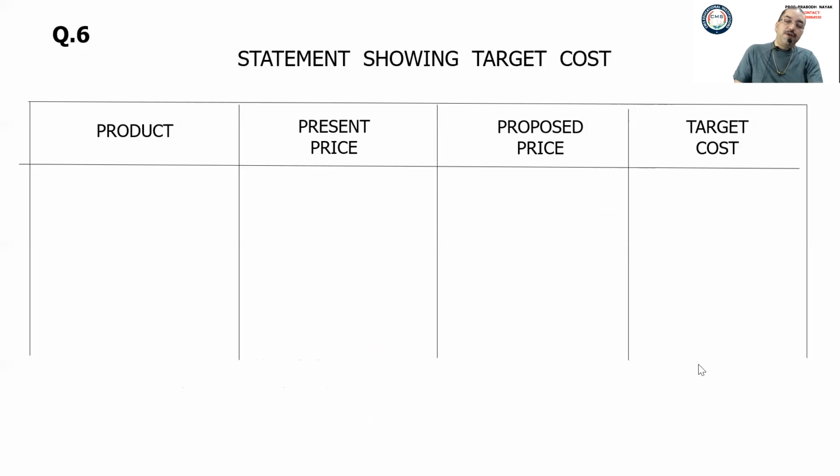First, prepare statement showing target cost. Statement showing target cost.